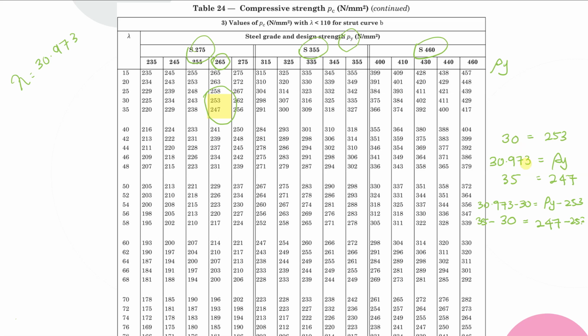Make sure bila you tolak, you can tolak mana-mana you suka. Contohnya I boleh ambil value 30.973 minus 35, PY minus 247. Okay, that is one. And then 30 minus 35, 253 minus 247. Just make sure that you punya unknown ni hanya ada satu sahaja. Kalau you ambil this one, tolak dengan this one, nanti you akan pening sendirilah.